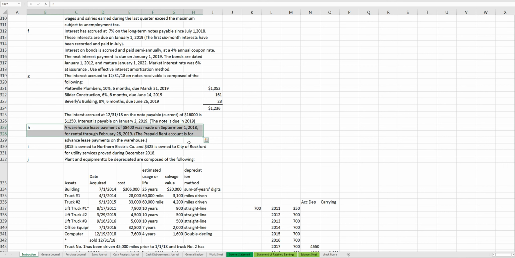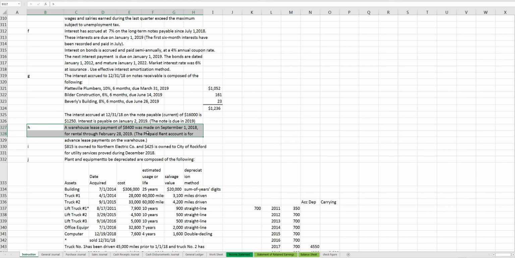And part H, warehouse lease payment of $8,400 was made. Okay, so it's a prepaid rental, from September 1st to the end of February of next year. So how many months? That's 6 months, right?